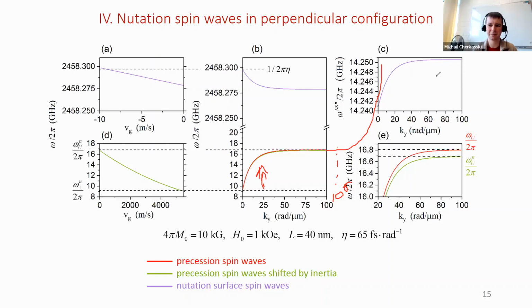Basically, I would say this is a question of experiment. This curve was investigated and detected with microwave spectroscopy, with Brillouin light spectroscopy, and so on.